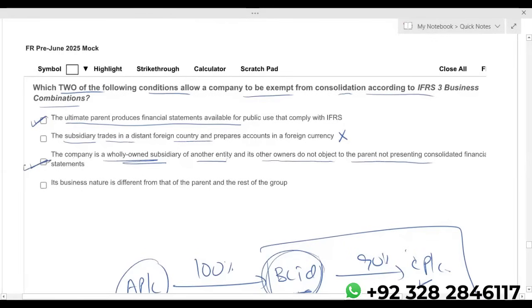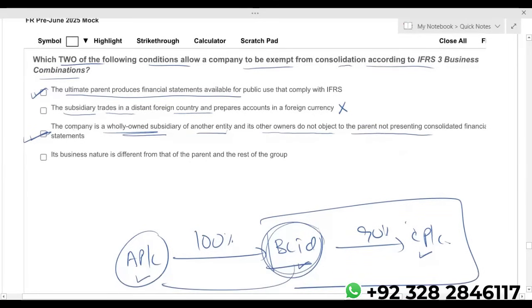So the ultimate parent is having no issue at all. Plus, both the conditions are met. The ultimate parent is preparing group accounts which are available to the public. And the final point is B Limited itself is a wholly owned subsidiary of another company. The business nature is different, no. So logically A and C.